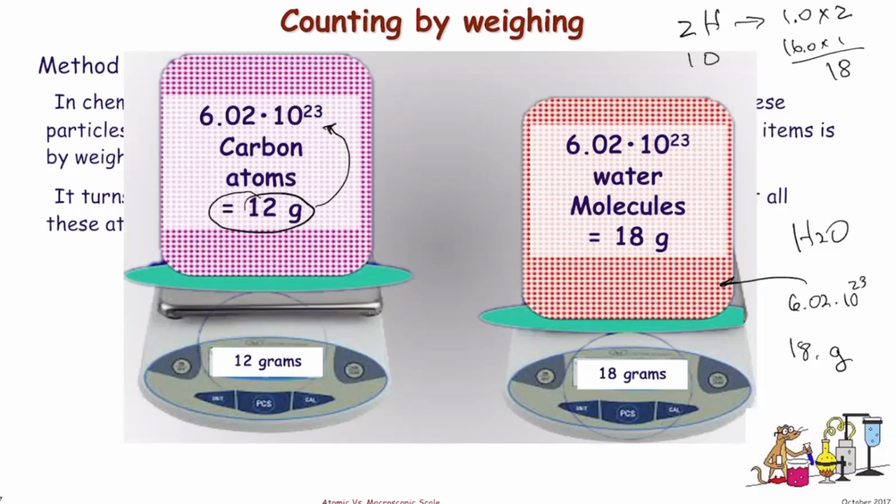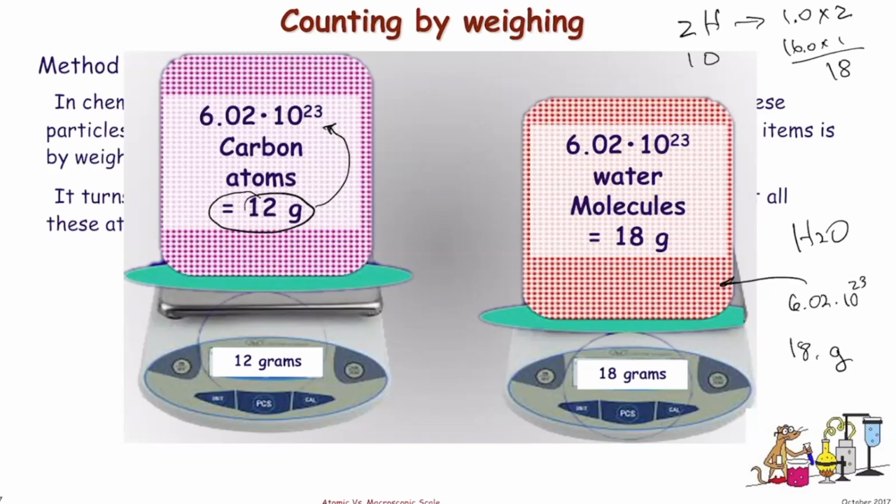If you put 6.02 times 10 to the 23rd on a scale, that 18 atomic mass units would translate to 18 grams. A carbon-12 atom has a mass of 12 atomic mass units. If you put 6.02 times 10 to the 23rd carbon atoms on a scale, it would weigh 12 grams.